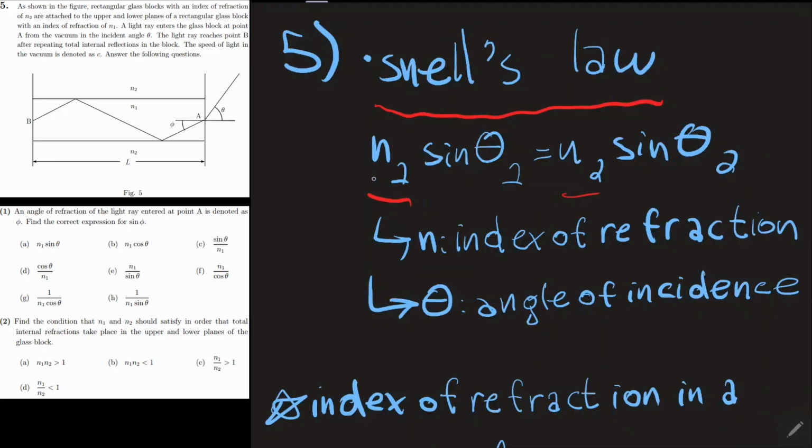So n1 is the medium that the light is initially passing through, and n2 is the index of refraction of the medium that it refracts into. And then theta 1 and theta 2 are the two angles of incidence. So theta 1 is the angle of incidence when the light beam comes into contact with the second medium, and then theta sub 2 is the angle that the light projects outwards from when it enters the second medium.